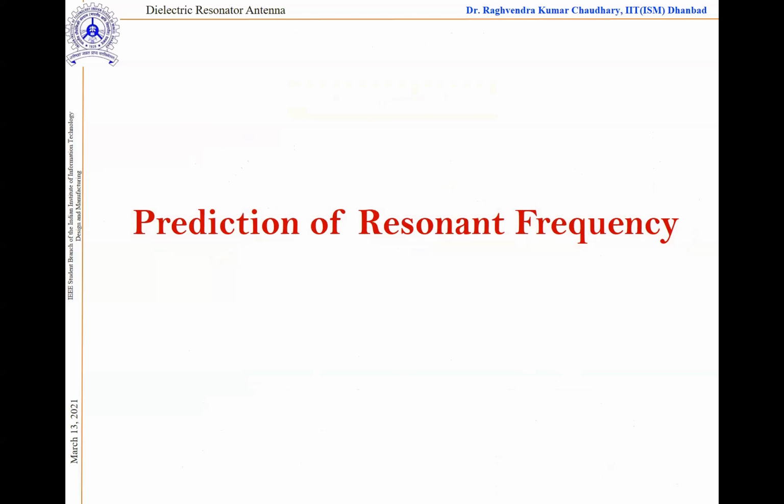Now the next thing is the prediction of the resonant frequency. Cassie, in 1984, gave a formula to calculate the resonance frequency for the TE01 Delta mode.